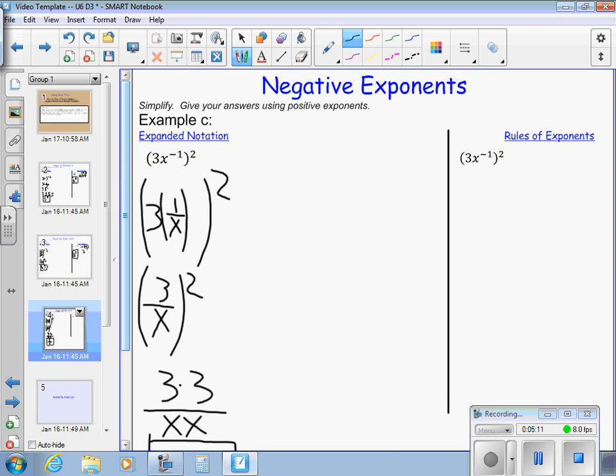Okay, let's try the other approach. The other approach, again, I have an exponent raised to an exponent. I'm going to multiply the exponents, but there's an important part here, and that is that there's this x, which I need to square, but I also need to square the 3. It's sort of like distributing, but we don't use that terminology. So what do I have here?